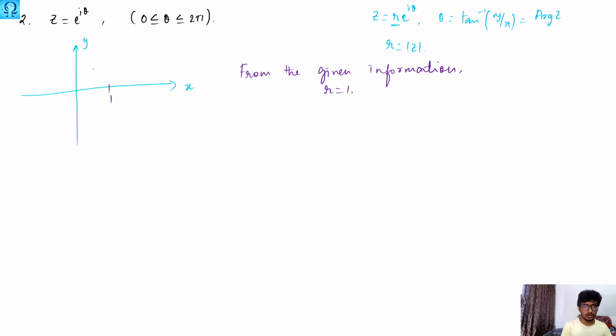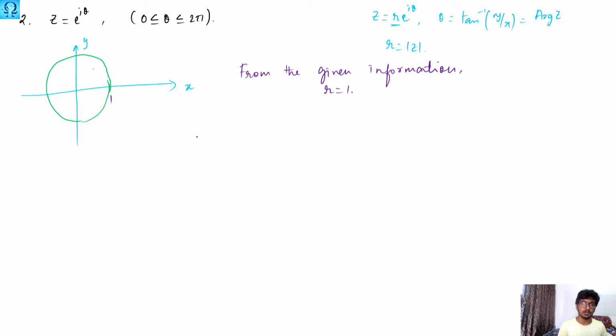I am not good at drawing, as you know, I have said this in many lectures. You will have a circle of radius 1, because your theta is varying from 0 to 2 pi. Suppose it is given 0 to pi, your circle is only a semicircle on the positive y side, only in the upper half. So we have drawn these things.